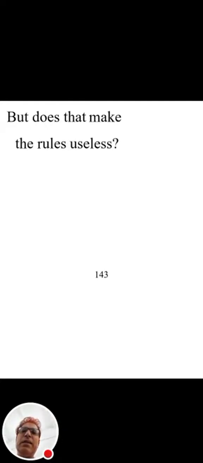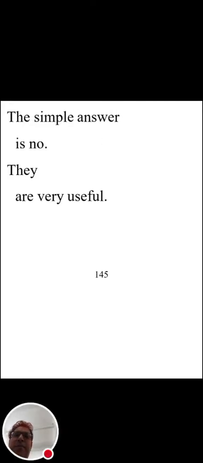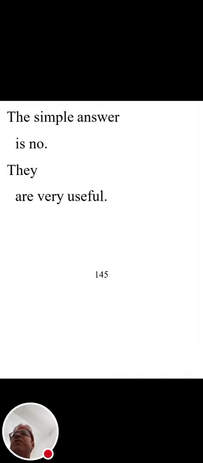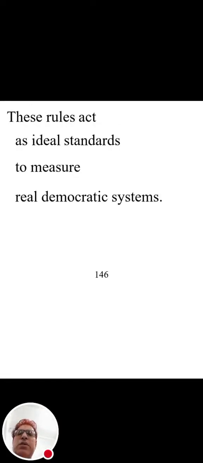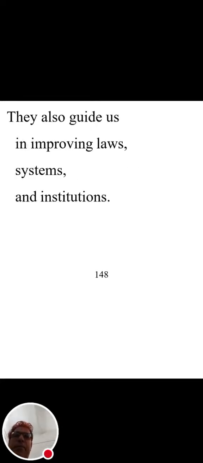But does that make the rules useless? Are they just impossible, dreamy ideas? The simple answer is no. They are very useful. These rules act as ideal standards to measure real democratic systems. They help us judge how well groups or governments perform.